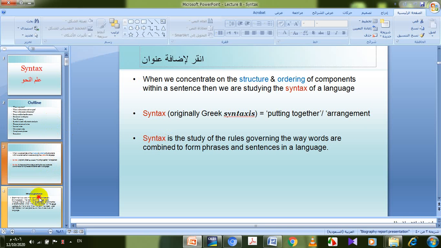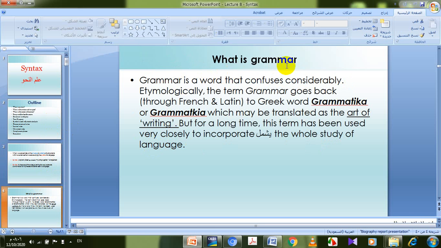It is very easy. Next, we have grammar. What is grammar? Grammar is a word that confuses considerably. Etymologically, the term grammar goes back through French and Latin to the Greek word grammatica, which may be translated as the art of writing. So that's why we always say that the concept of grammar is to some extent confusing.